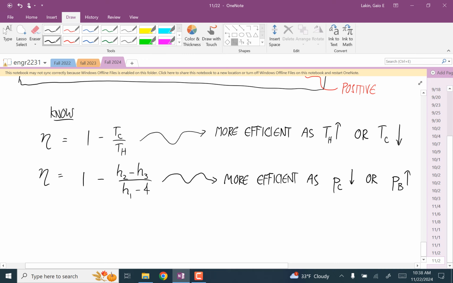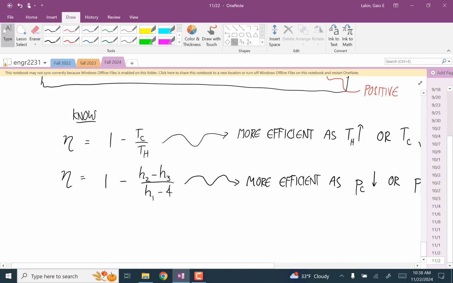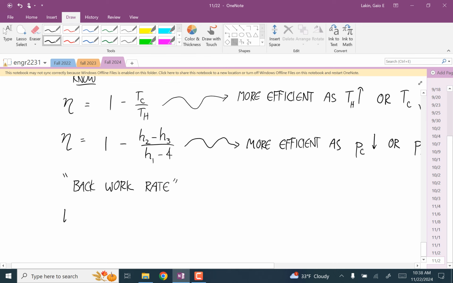One other thing that we want is the back work rate. So back work rate, I'll call it BWR, is equal to the rate of work done to power the pump divided by the rate of work gained at the turbine.